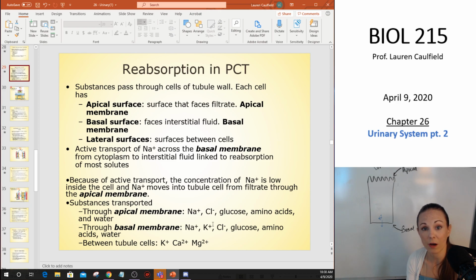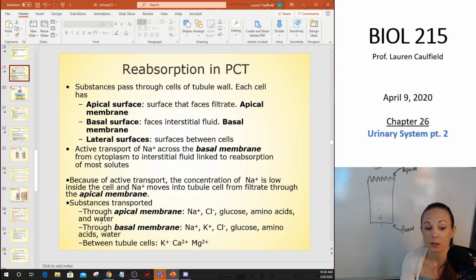So when you think of the proximal convoluted tubule and you think of reabsorption, I want you to think of what types of things are most important for my body to use. So again, those ions, sodium and chloride, glucose, amino acids, and then also because we have created this gradient by moving ions across, we're also going to be moving lots of water.